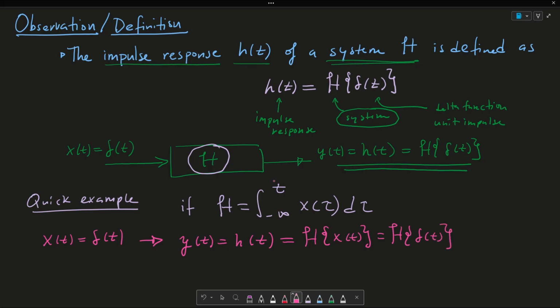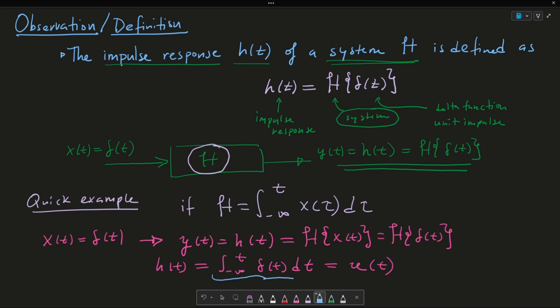If we input delta t into this integral, we get h of t equated to the integral from negative infinity to t of delta tau d tau, and this integral comes out to just be the unit step function u of t.